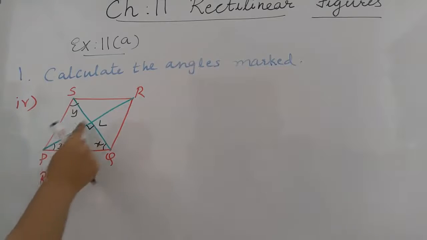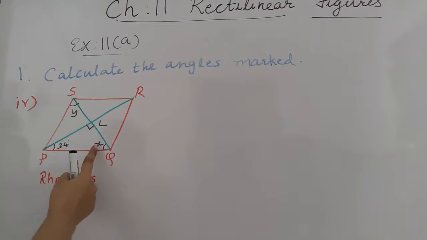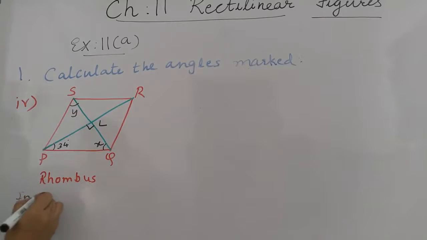So now in triangle PLQ we can use our angle sum property to get our value x. So first of all, from the figure you have to think how you will calculate. So let us start writing in triangle PLQ. This is angle L given to us.